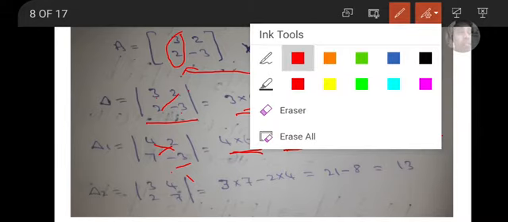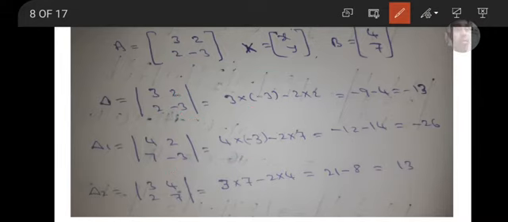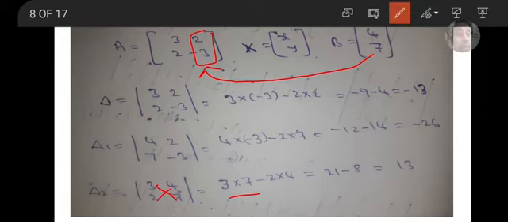Next, delta 2. Delta 2 means replace the second column by the constant matrix 4 comma 7: 3, 4, 2, 7. Here also the same: AD is 3 into 7, BC is 2 into 4, so 21 minus 8 means 13.